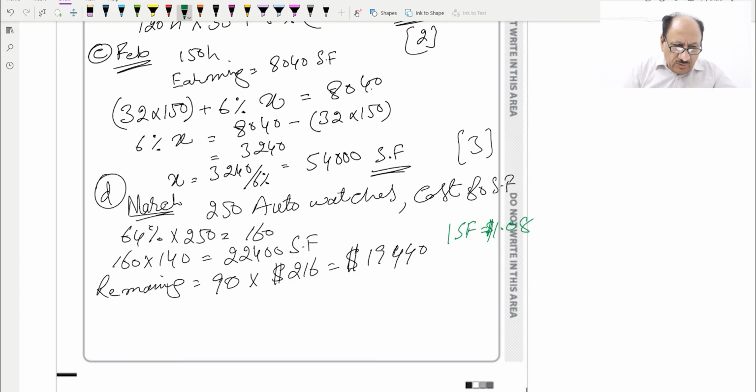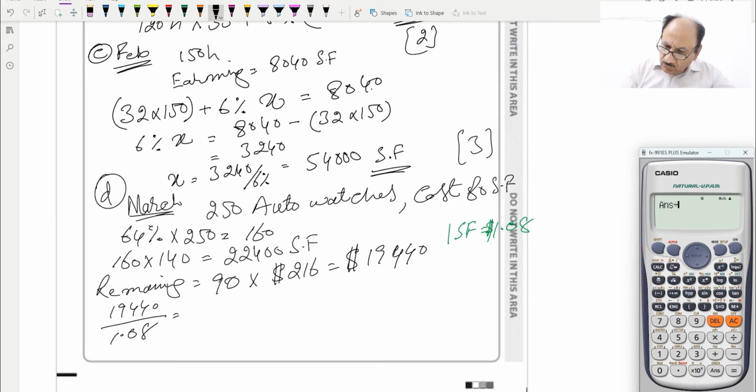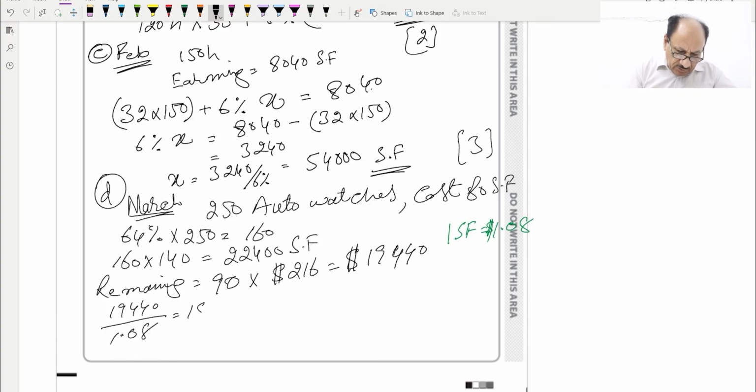So we will convert 19440 into Swiss francs. 19440 divided by 1.08 will be equal to 18000.